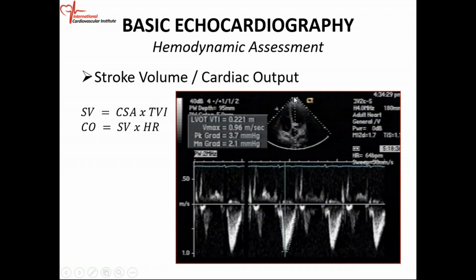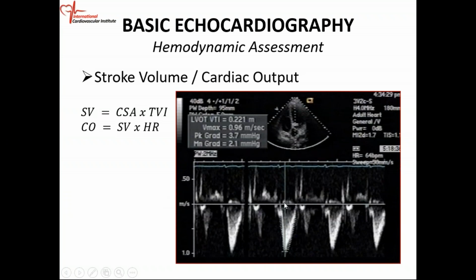If you remember, when we do our Doppler, this is the cursor, our sample volume is right here, and we press PW Doppler, we get an envelope looking like this. On the horizontal axis, you have time. On the vertical axis, you have velocity. And when you look at the area under the curve, this is our LVOT envelope, left ventricular outflow tract envelope.